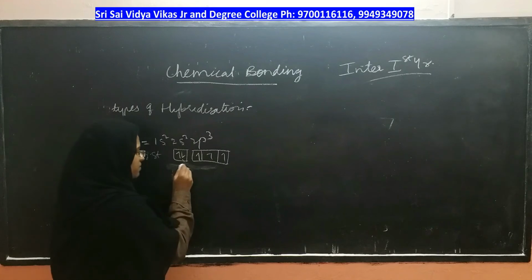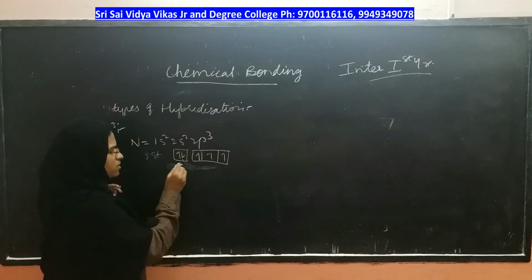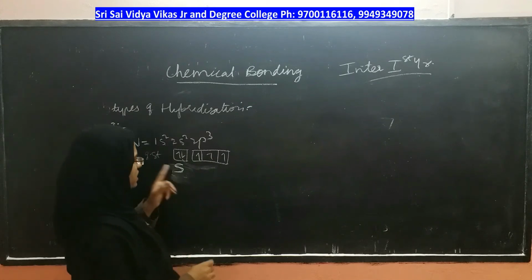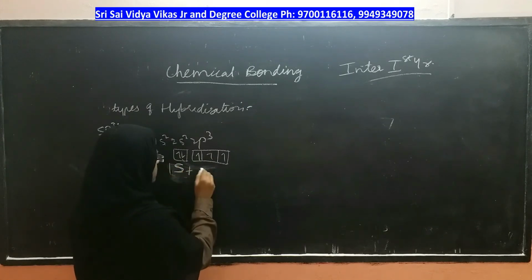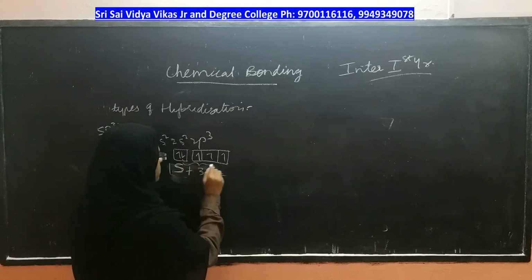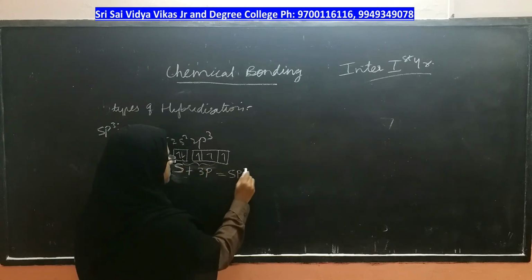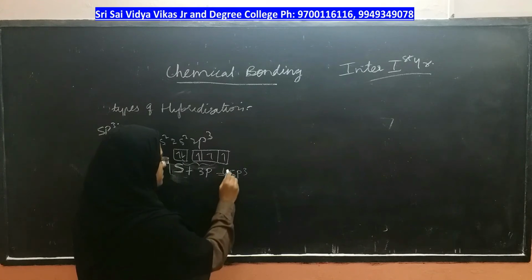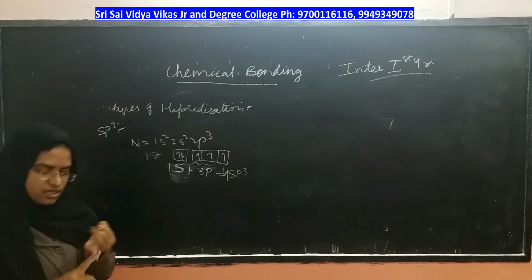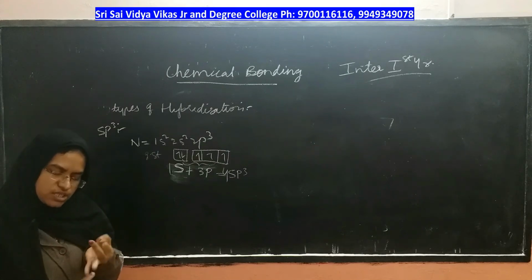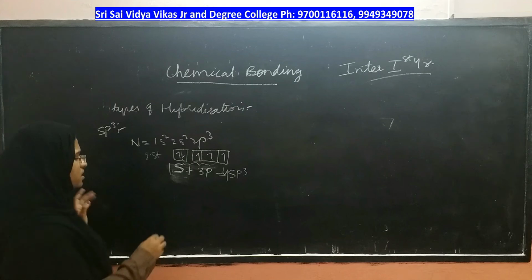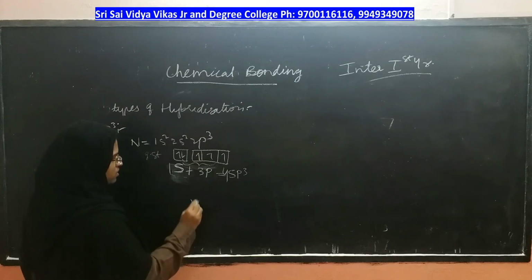Here the 1s orbital plus 3p orbitals mix to give sp3. How many sp3 come? 4 sp3. In the first sp3 an electron pair is there, in the second sp3 1 electron is there, in the third sp3 1 electron is there, in the fourth sp3 another electron is there, right? So now what is the nitrogen molecule?